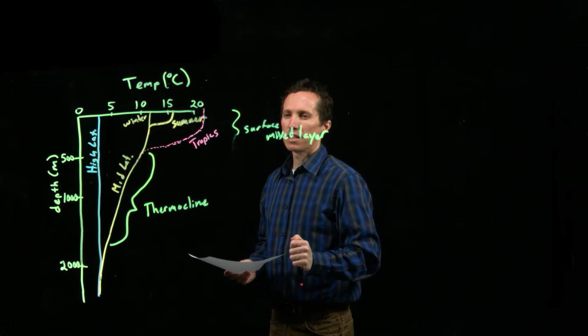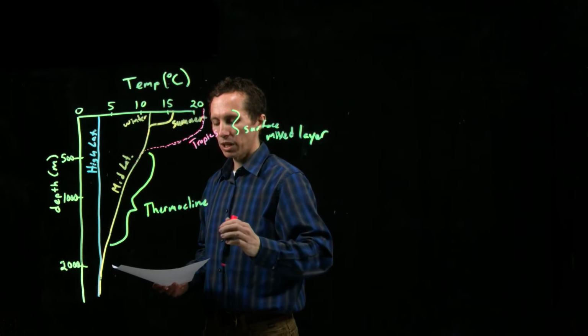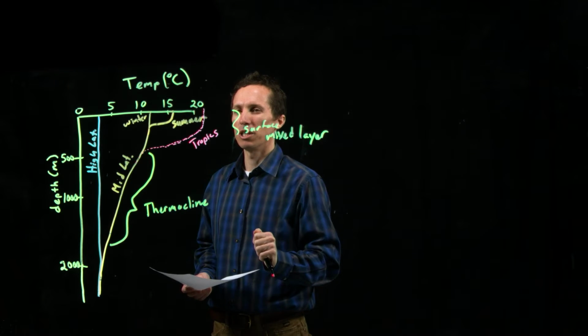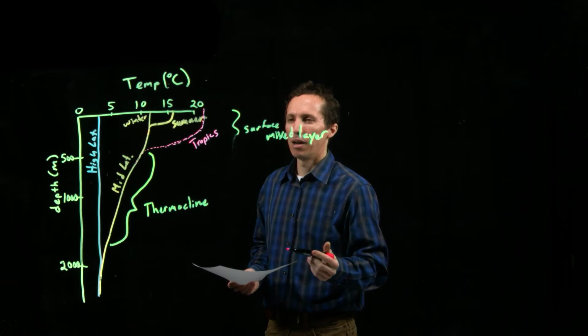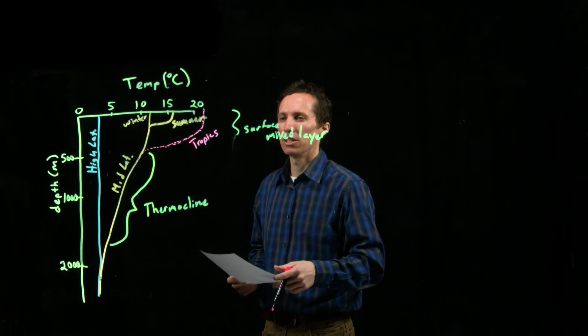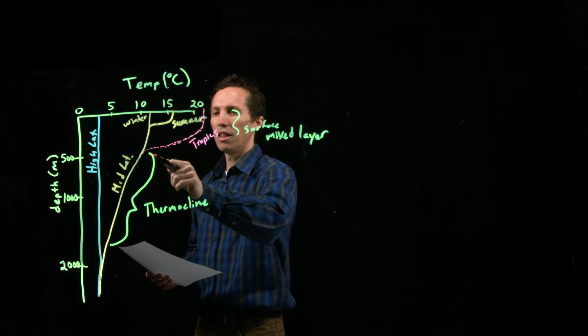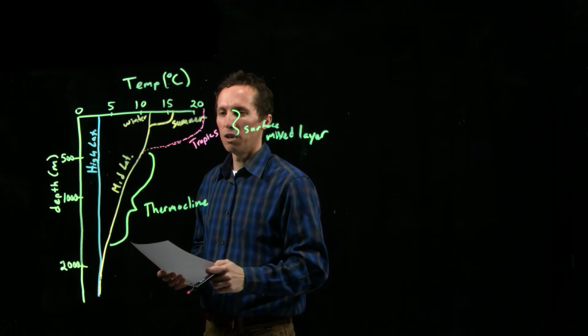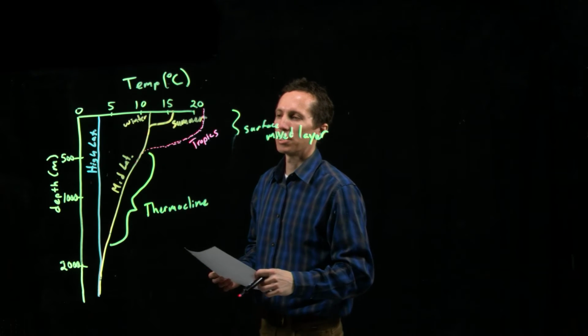In the tropics, these temperatures don't fluctuate too much because there's not a lot of seasonality, and so this thermocline remains relatively constant.